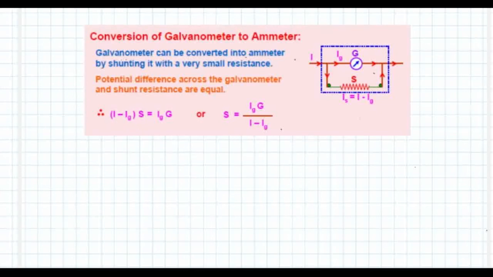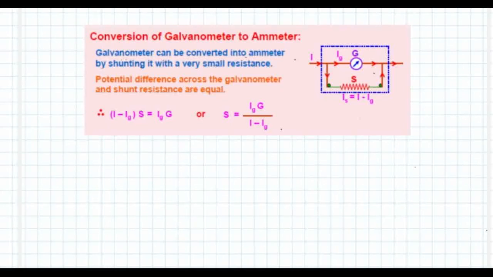Similarly, the voltage across the galvanometer is the current through the galvanometer, which is Ig, into the resistance of the galvanometer, G. So I minus Ig into S will be equal to Ig into G, because the voltage across the shunt resistance and that across the galvanometer will be the same. Therefore the value of the shunt is equal to Ig G divided by I minus Ig. So this way we can convert a galvanometer into an ammeter.